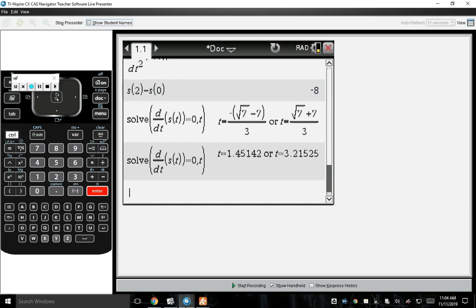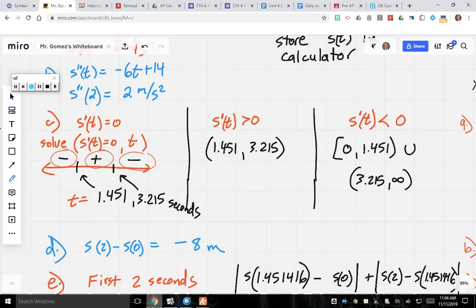Now, with this being said, I could just press up and press enter, and it will display more decimals. So right now, I would write down on my paper 1.451416 and 3.215250. Those are the numbers that I'm working with per se as I go through these answers.